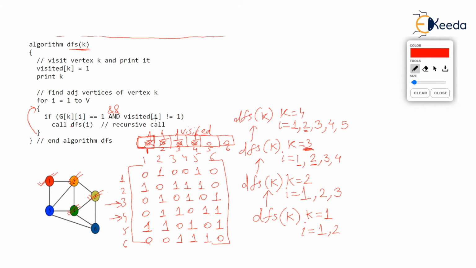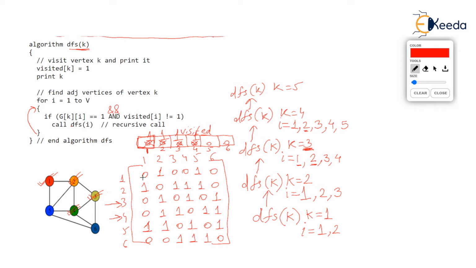Visited of 5 is not 1. Hence in our visited array, we can make the fifth element 1. You see both of them are true, isn't it? So we make a decision of calling DFS(5). I hope from the fourth vertex you know how we are jumping to 5. So the procedure DFS(K) is going to call DFS(K) again with K equal to 5.